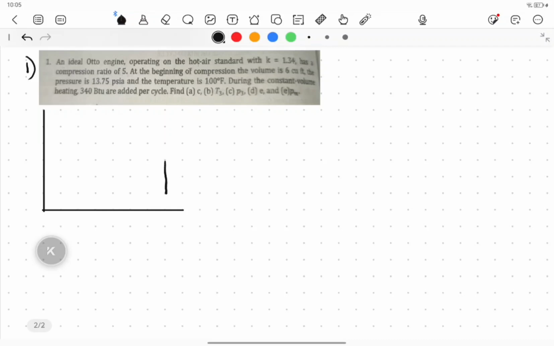We know that Otto cycle has two constant volume process, and then this is point 1, 2, 3, 4. Then our heat is added at points 2 to 3 and then rejected at points 4 to 1.